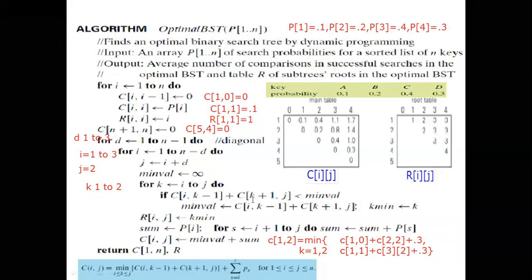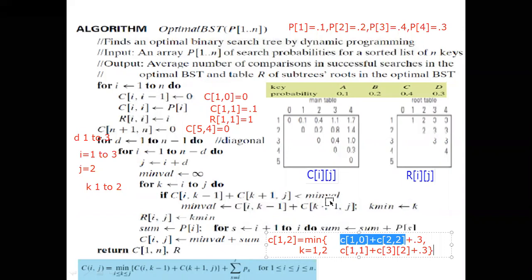And next, plus C of k plus 1. That means first this value, what it is showing is this particular value. This particular value is this much, right? Initially, we are checking here whether this value is lesser than the minimum value or not.